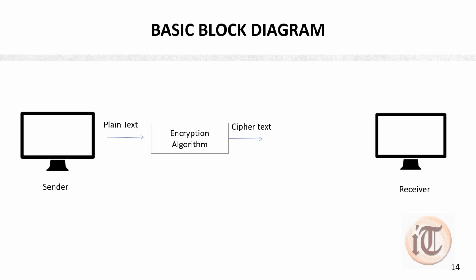To read this ciphertext, we first have to decrypt it with the help of a decryption algorithm, which converts the ciphertext back into plain text. This is how the receiver receives the same message that was sent by the sender without any modification. This is the basic block diagram of how cryptography works, and we will discuss it in detail.